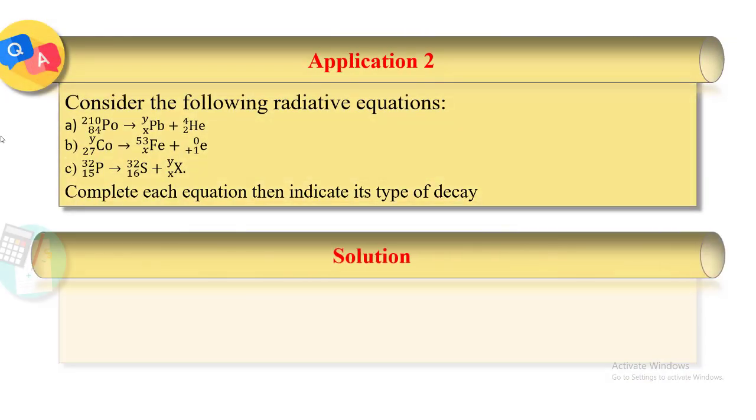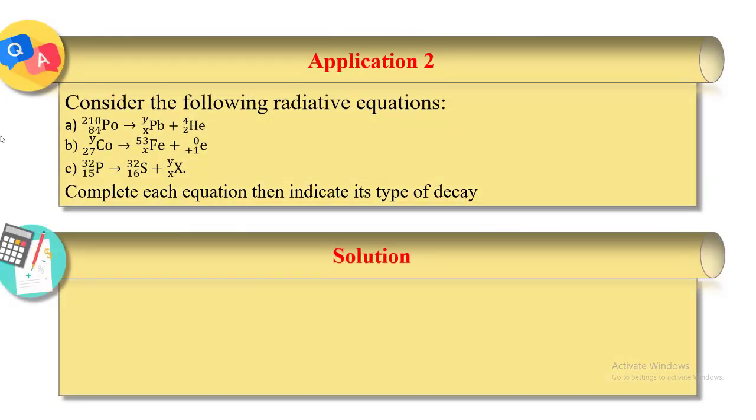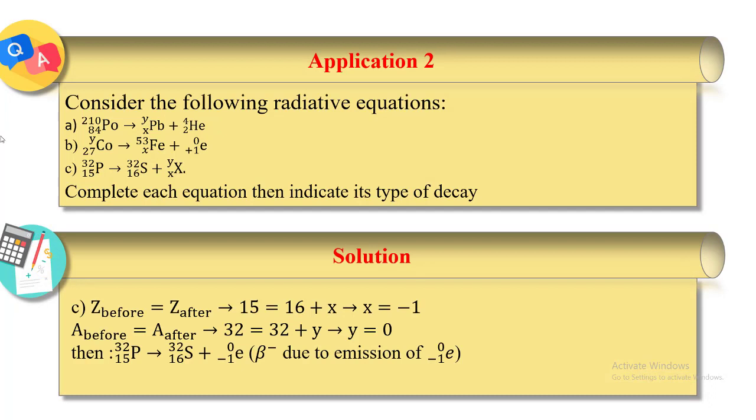For the last question, we apply also Soddy's law. We find first the missing particle. We have phosphorus 32 decayed into sulfur 32 plus an unknown particle. We apply the conservation of atomic number. I have 15 equal to 16 plus X, then X is equal to minus 1.